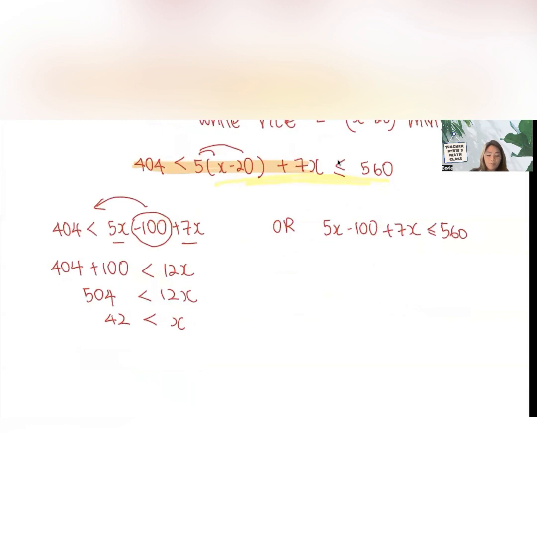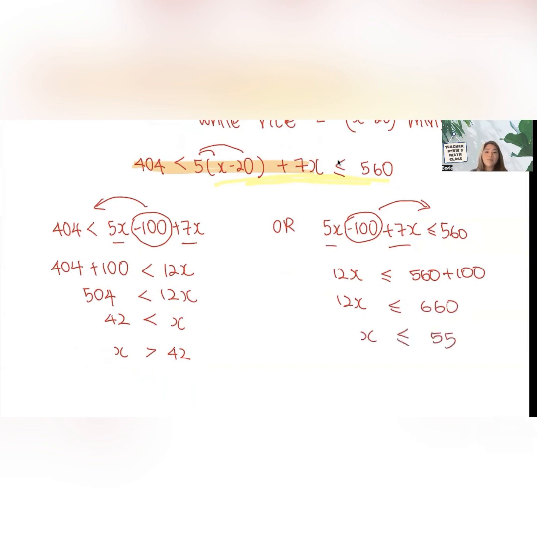I can actually flip them around to have X is bigger than 42. Okay, and as for the second portion, 5X plus 7X, same thing, it's 12X, smaller or equals to 560. I'll bring this minus 100 over to become a plus 100. All right, and 12X smaller or equals to 660, X smaller or equals to 55.